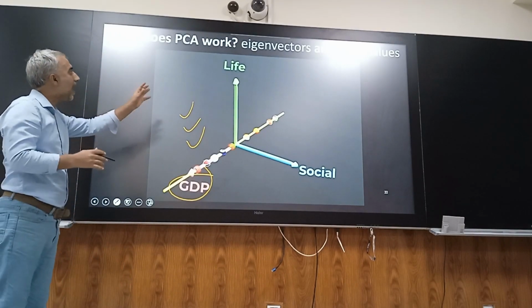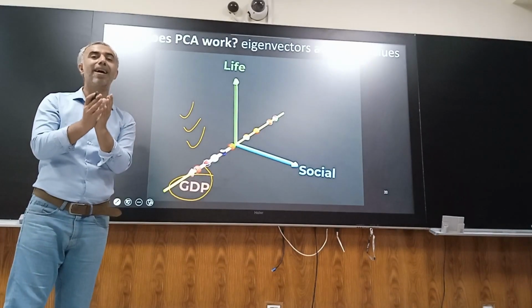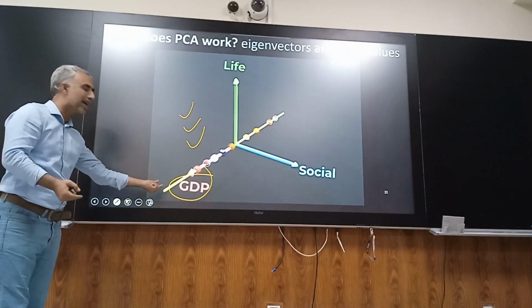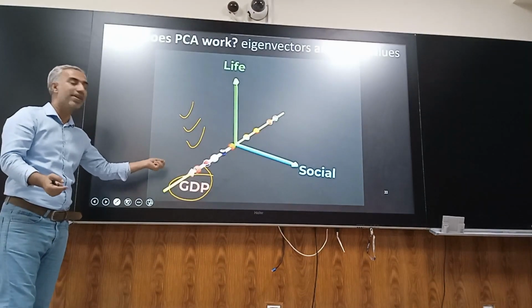Therefore, these eigenvectors and eigenvalues help us to predict the component, or you can say the principal component. This principal component, GDP in its term, can categorize the country ranking.